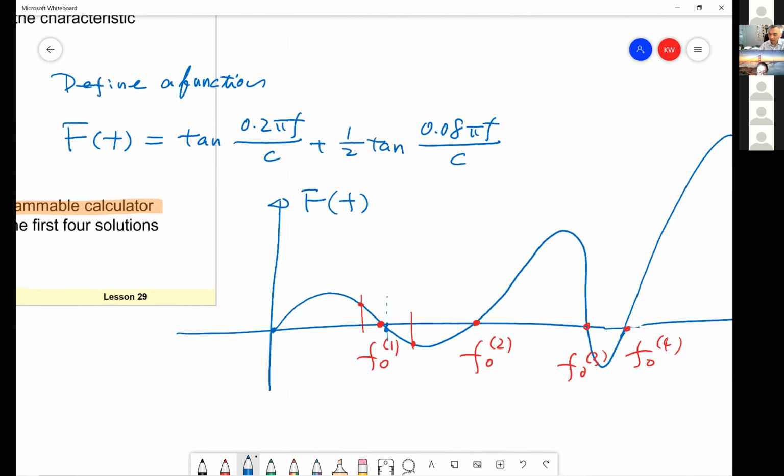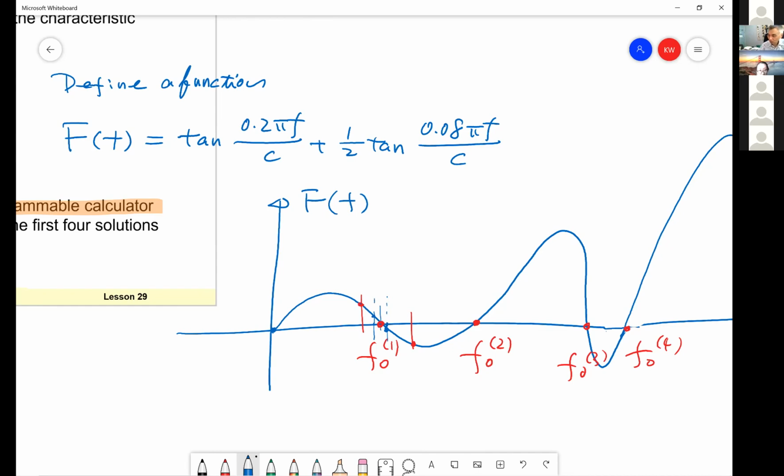I found, oh, this is negative, so the root is here. Then I divide by another half. Okay, then this is positive, this is negative, so I can further divide, right? The bisection method is very quick. You can search for this and converge very fast, right?